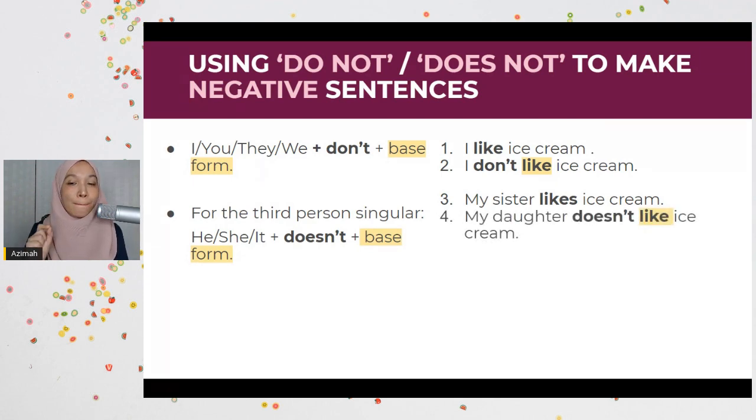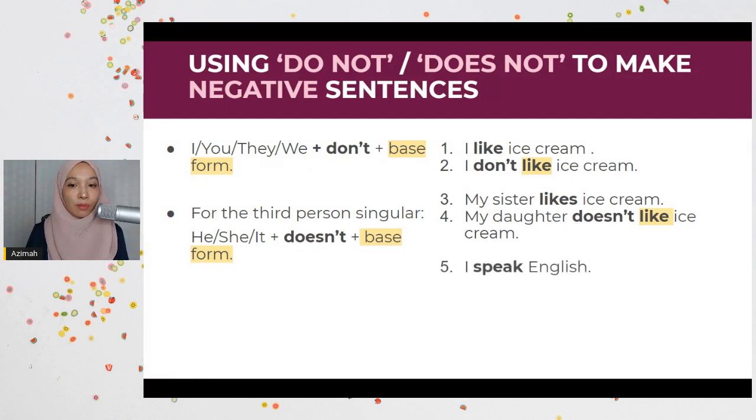My daughter doesn't like ice cream. Could be my sister doesn't like ice cream. So in the original form, it's likes, right? My sister likes, my daughter likes ice cream. But as soon as you put doesn't, you would put it in the base form, excuse me, doesn't like ice cream.